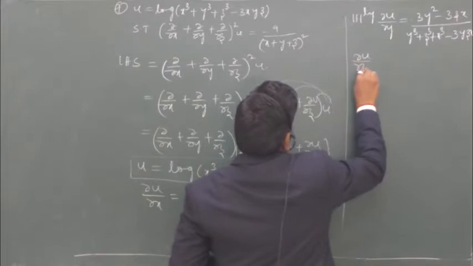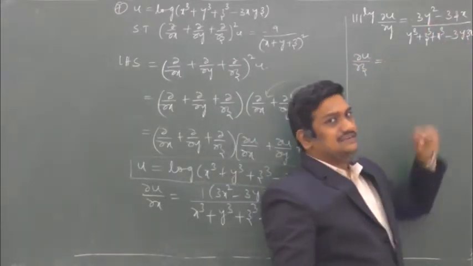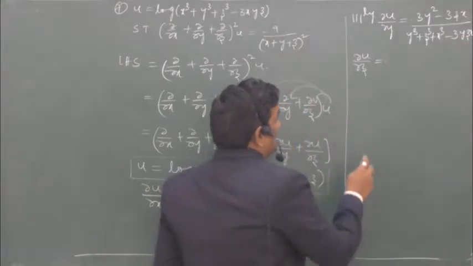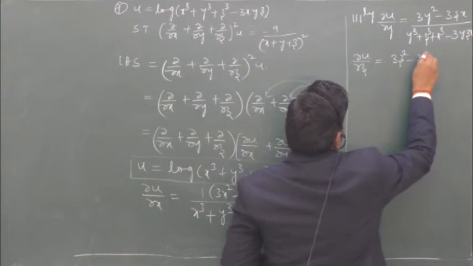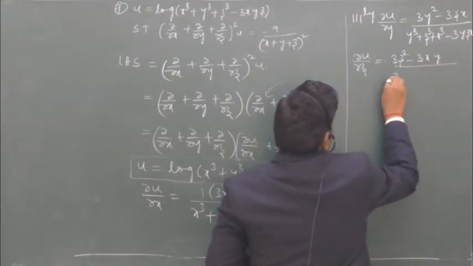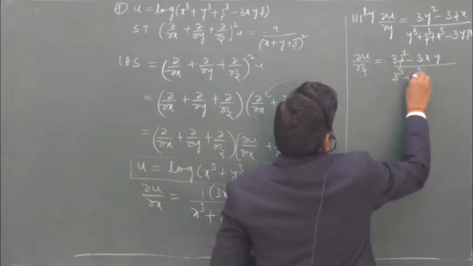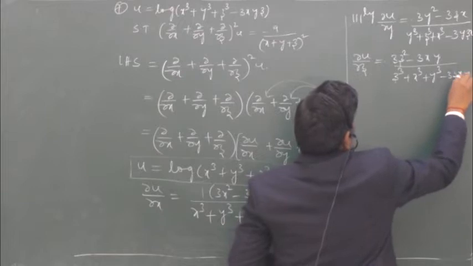So by seeing ∂u/∂y, you can write ∂u/∂z. Just replace y by z, z by x and x by y in ∂u/∂y. It will be (3z square minus 3xy) by (z cube plus x cube plus y cube minus 3zxy).